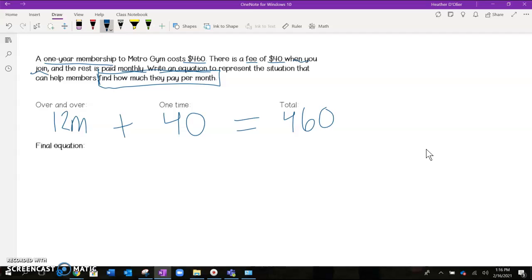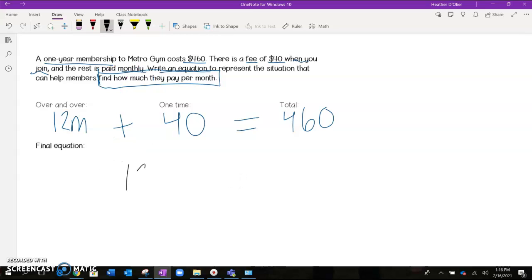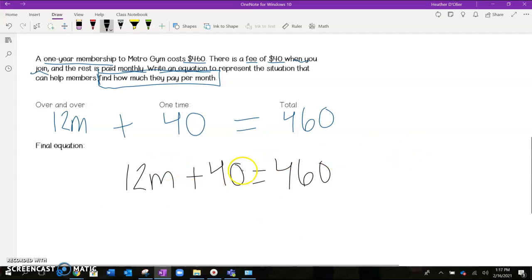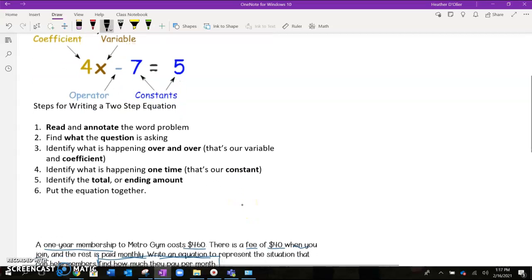So I kind of wrote it there, but I'm also just going to rewrite it below. This is 12m plus 40 equals 460. This equation worked out really nicely with the steps I've given, but please remember we tried our best to make these steps as easy as possible, but they're not going to be perfect for every word problem.